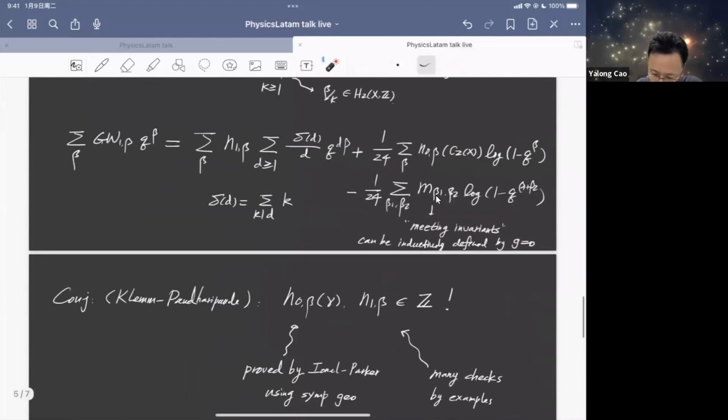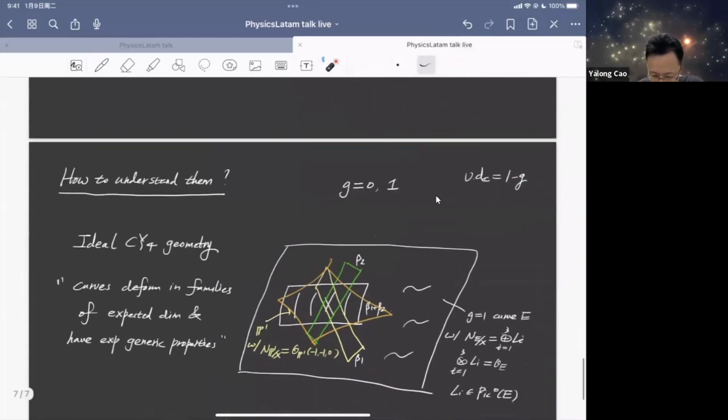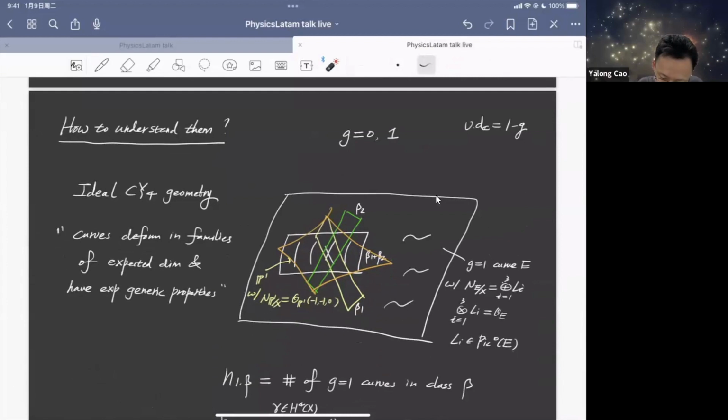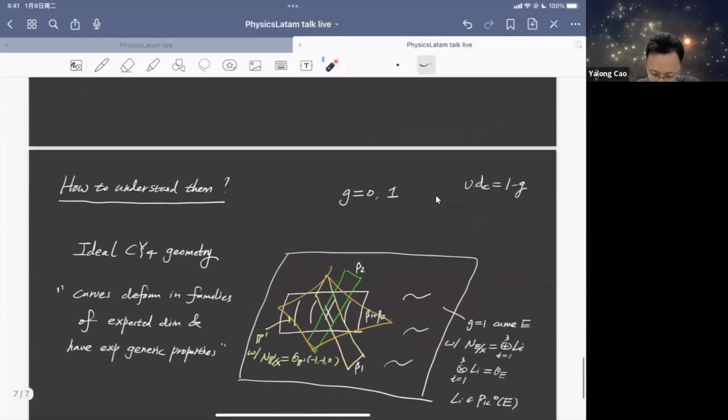As I promised, I want to say what the meeting numbers are here. The meeting number is the counting of the curve family beta 1 intersecting the curve family beta 2 in the virtual sense, or expected situation. It is the ideal counting of the meeting of these two cycles inside the Calabi-Yau.